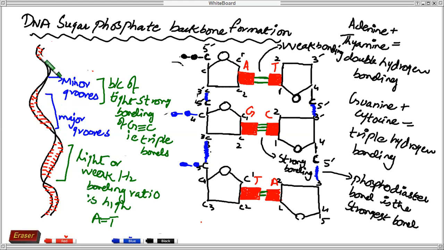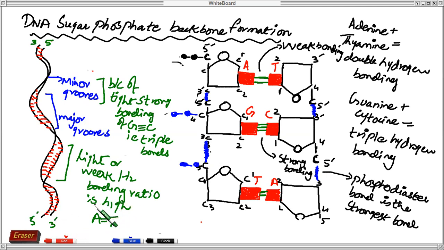And when we look at that twisting, the third carbon is facing the fifth carbon of the ribose sugar. This is the fifth and this is the third.